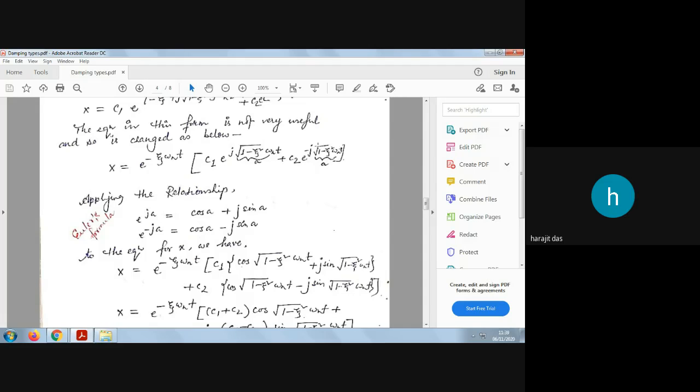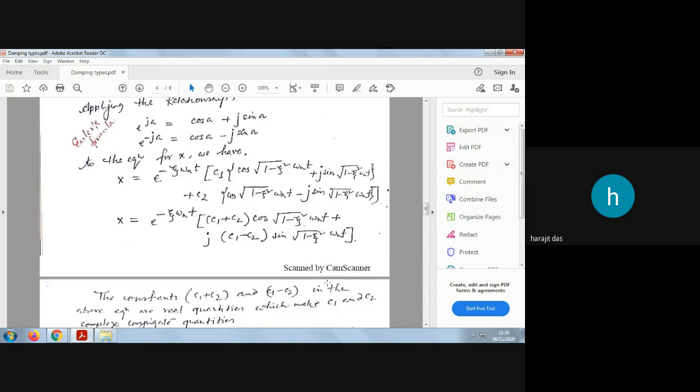Then for the second term we again write Euler's formula: plus c2 times cos a minus j sin a, with the same a. Understood?